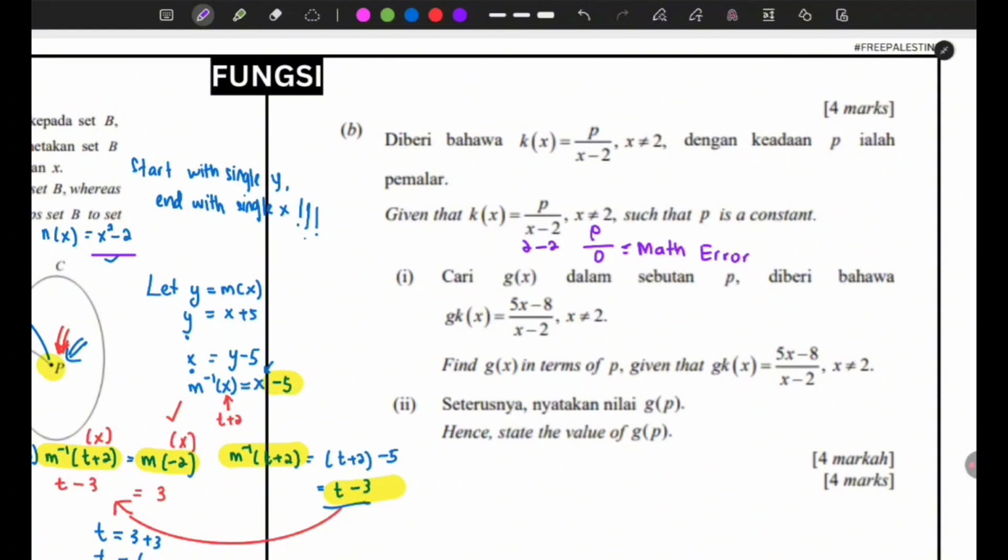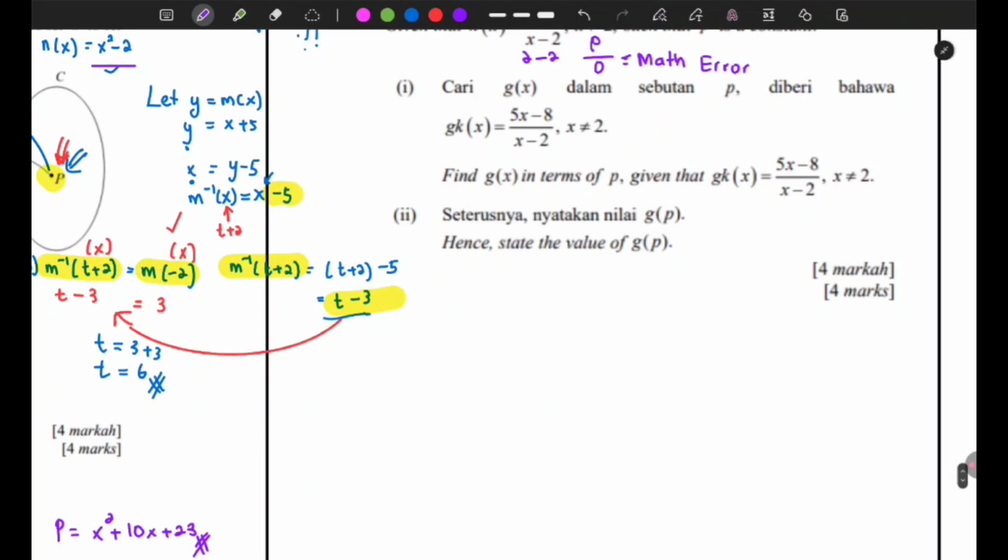So they give us a kx and say p is a constant, and they say find gx in terms of p given that gkx. Let's do.